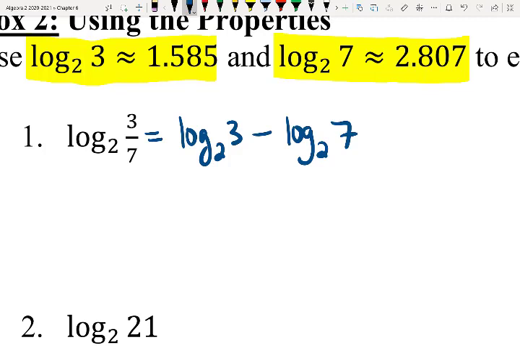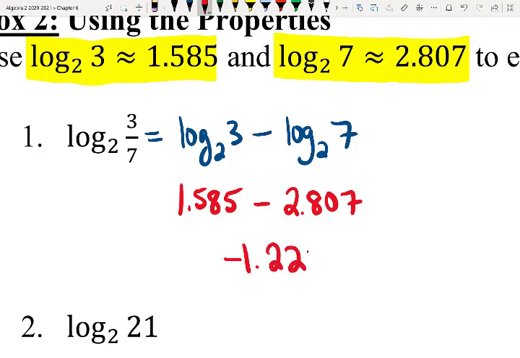I have my log base 2 of 3 and my log base 2 of 7, and they tell us that log base 2 of 3 is 1.585 and log base 2 of 7 is 2.807. So I can just do that subtraction. You can use your calculator if you need to. That gives 1.222, which is the approximate value of log base 2 of 3/7.